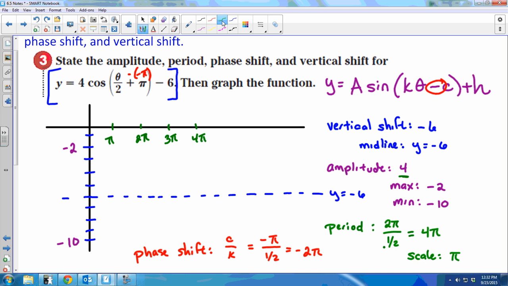Well, since I'm shifting it to the left 2 pi, I need to figure out what's going to be on the negative side of the x-axis. So I use the same scale. I'm still counting by pi. You can't make up some new scale. I just go backwards. So I have negative pi and negative 2 pi because I need to shift over that much.